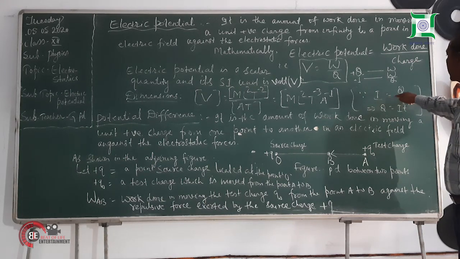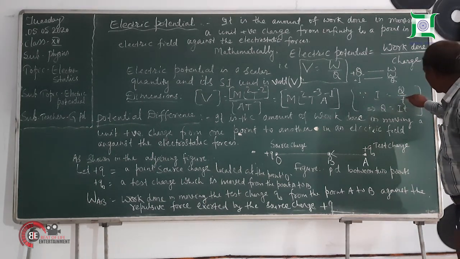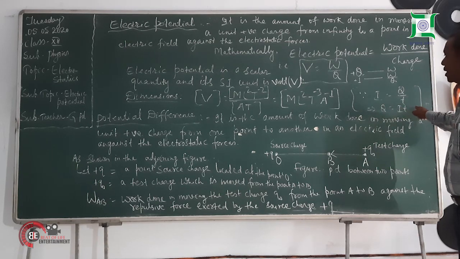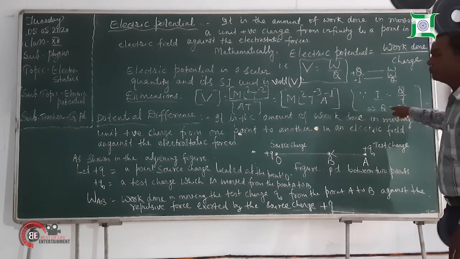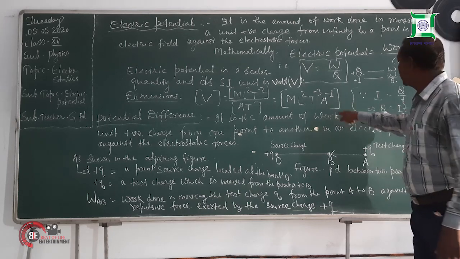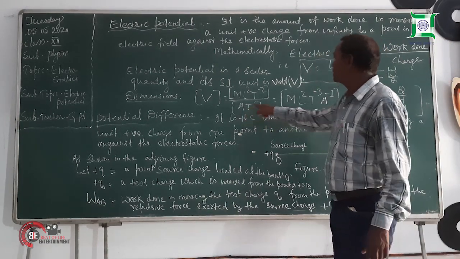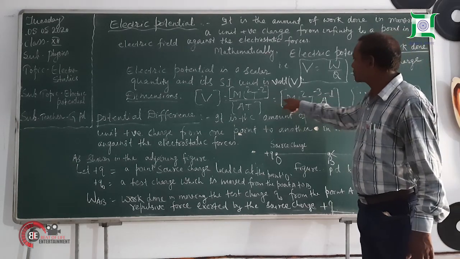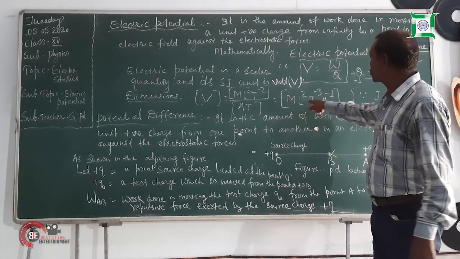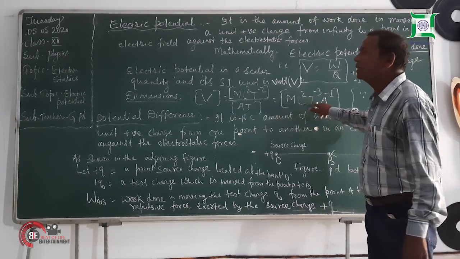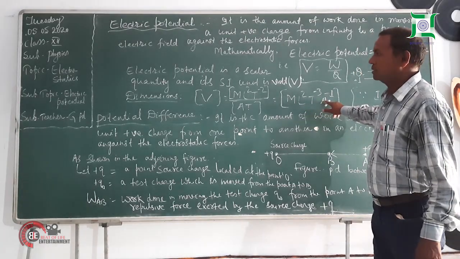Current is defined as the rate of flow of charge, so I is equal to Q by T and Q is equal to IT, and hence the dimension of charge is AT. So this is the dimension of electric potential.